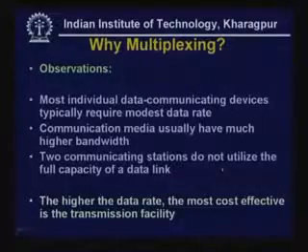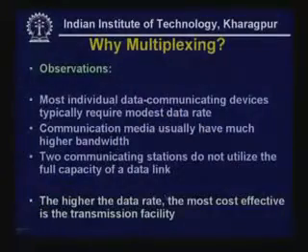Similarly, the average data rate required is also not very high. On the other hand, the communication media usually have much higher bandwidth. For example, nowadays we can use coaxial cable, optical fiber, microwave link. They have several megabits per second, hundreds of megabits of bandwidth, and as a consequence, the communication media provide you much higher bandwidth.